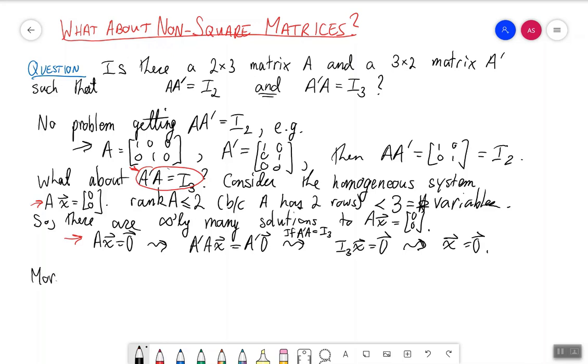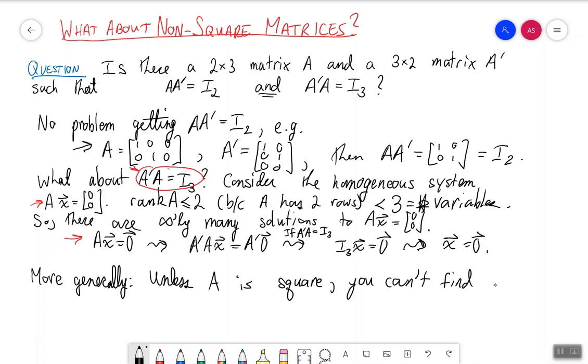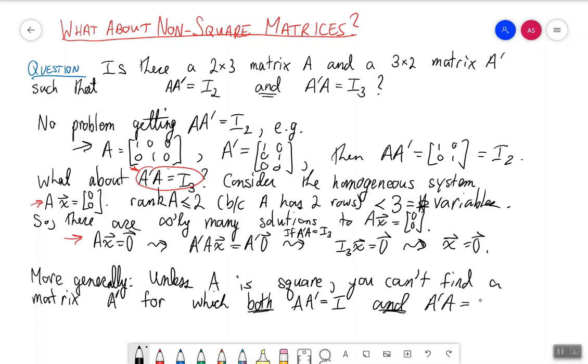More generally, unless A is square, you can't find a matrix A prime for which both A times A prime equals the identity matrix and A prime times A is the identity matrix.